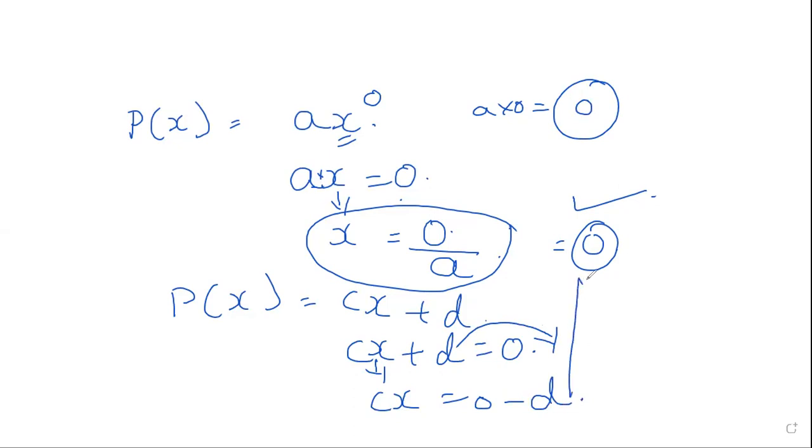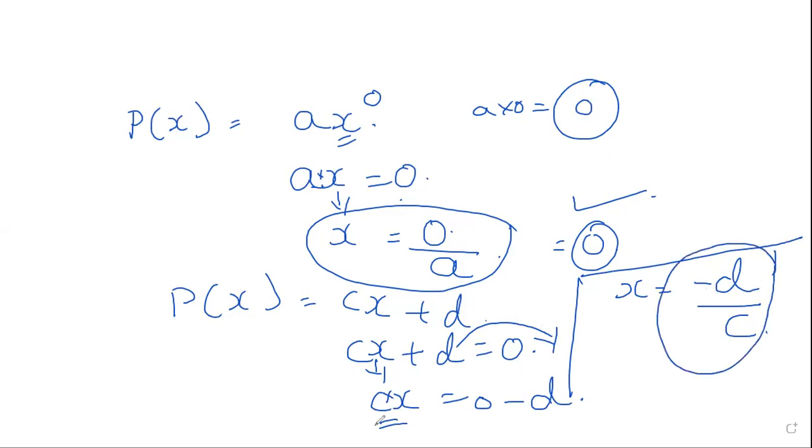Now cx is equal to minus d. So here there is multiplication. If you transpose into the right hand side, it will come to the denominator, it becomes divide. Okay children? So this is the value of x that makes the equation 0.